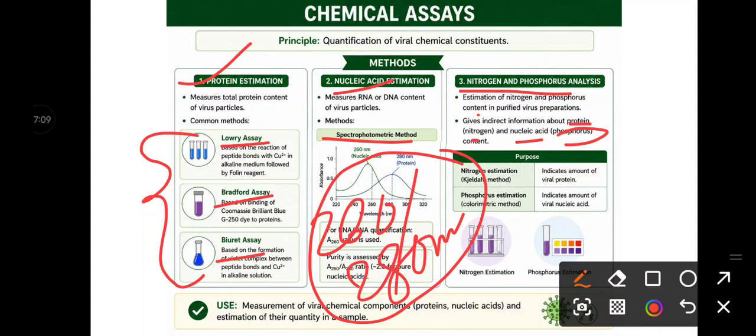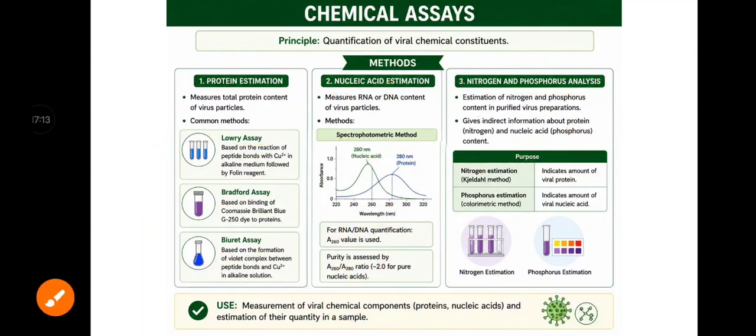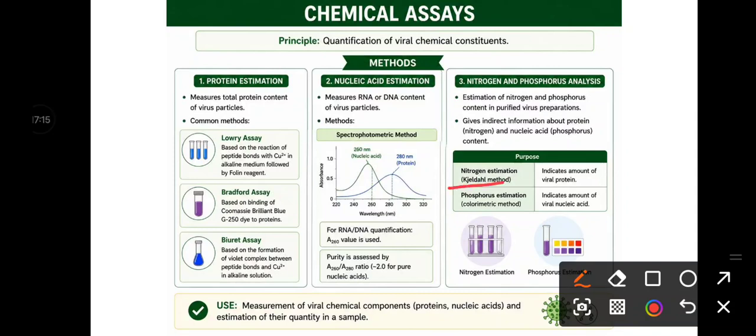Okay, this nitrogen estimation is done by the Kjeldahl method, in the Kjeldahl flask. If you study in detail the laboratory methods for estimation of nitrogen in soil science, you can see the Kjeldahl method. The Kjeldahl flask is used for this nitrogen estimation.